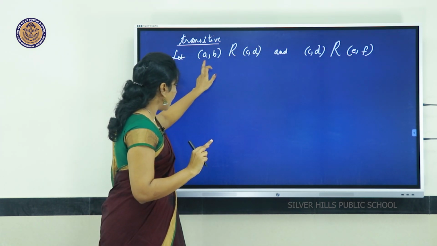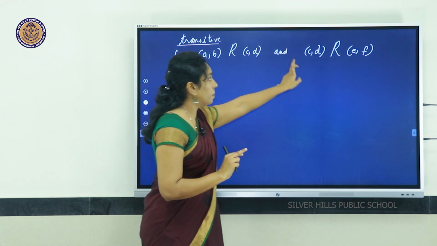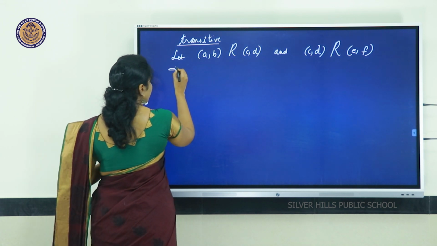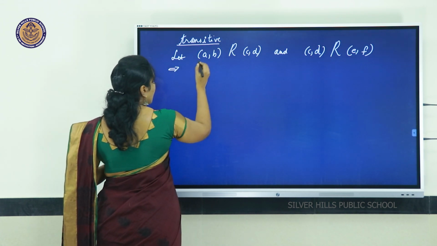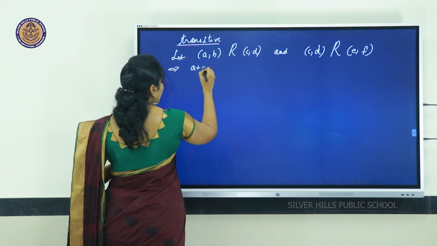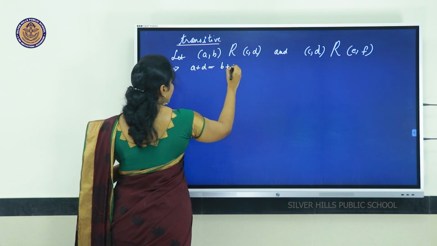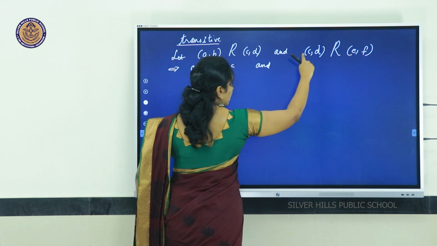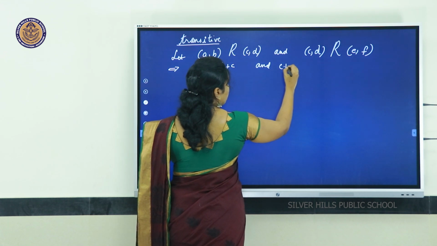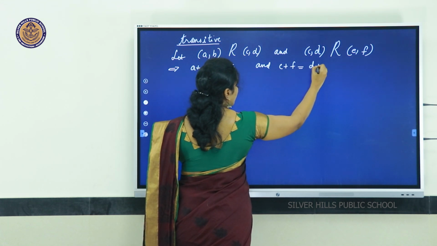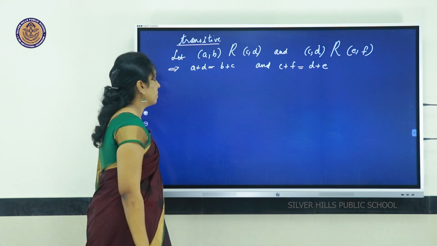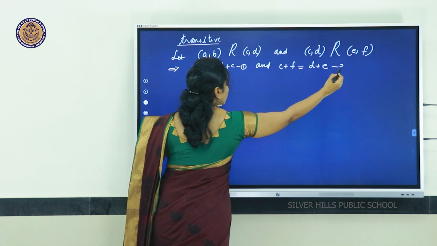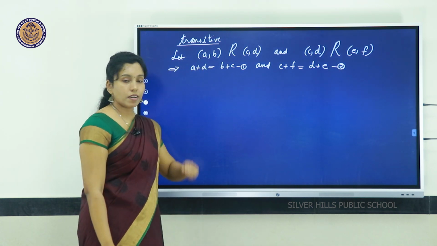This is of the form A related to B and B related to some C. We will just write the meaning. What does this imply? This means A plus D equal to B plus C and, first one and the last one, C plus F is equal to D plus E. Now, if I name this as 1 and this as 2, I am going to add these two.